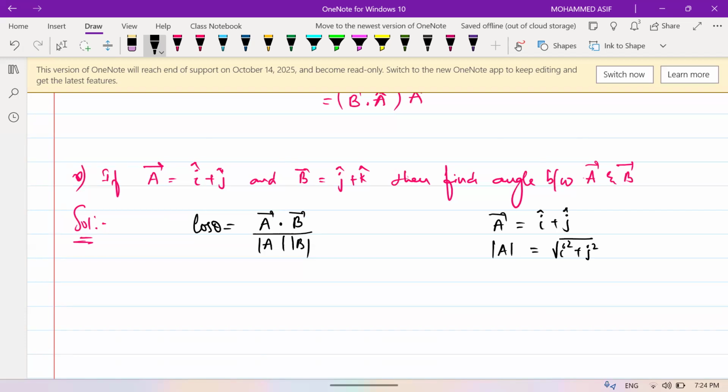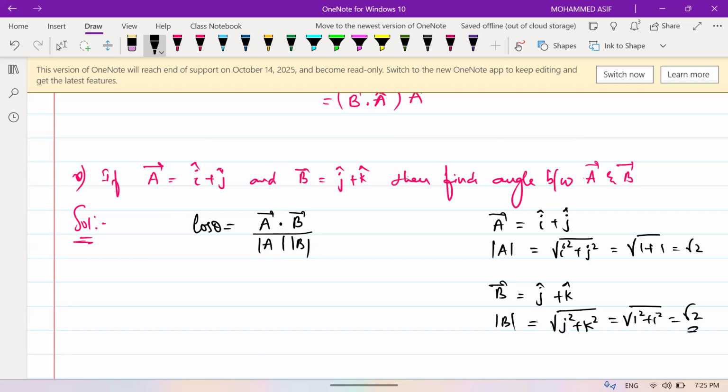What is the value of I? 1. So 1 plus 1 will be equal to root 2. B bar is given as J cap plus K cap. Mod of B will be again under root of J square plus K square, that is under root of 1 square plus 1 square, which is again root 2.